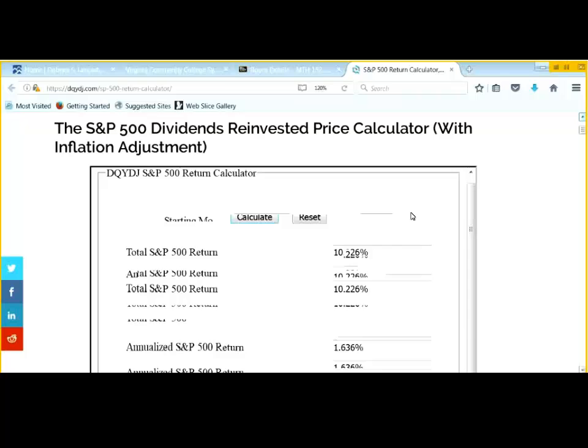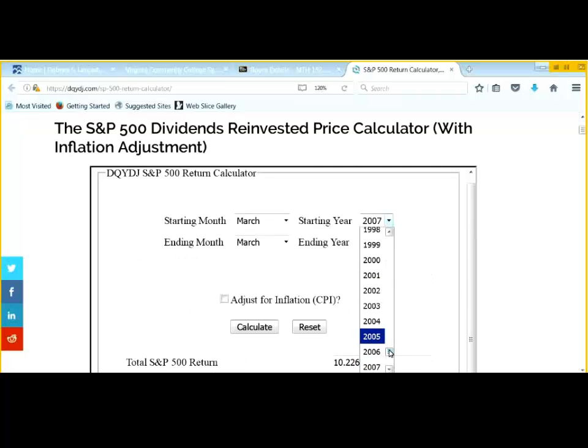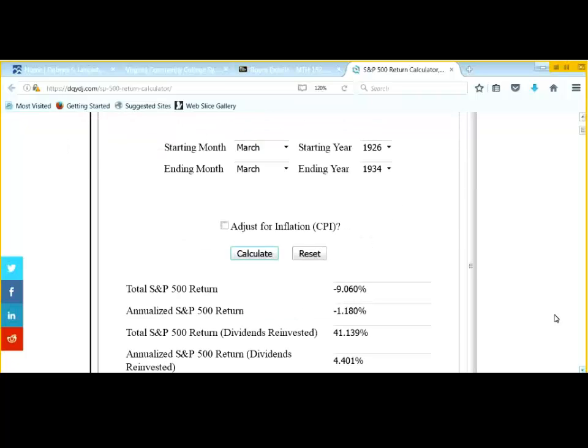Another period of time, if I go back to 1926, and I invested until 1934 maybe, then I've lost 10%. So there are periods of time when it goes down.